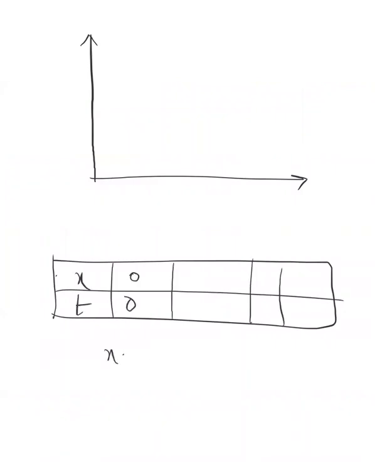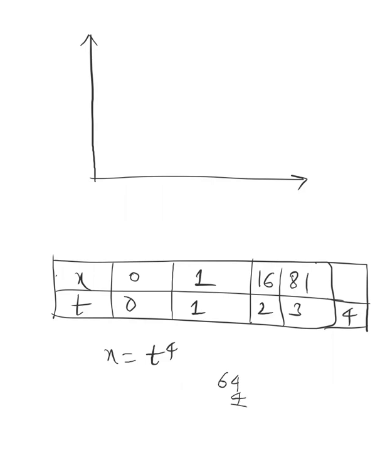Suppose x equal to t power 4. See, it will be a very steep curve. 0, comma 0. 1, comma 1.